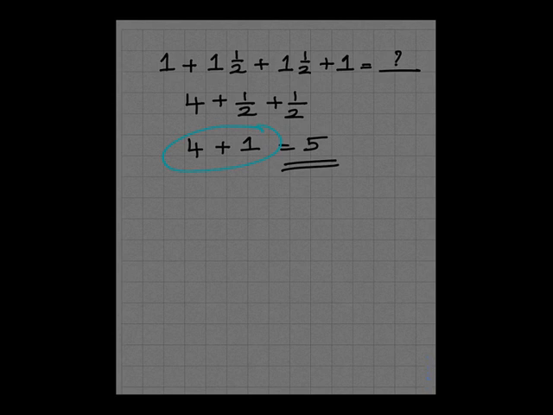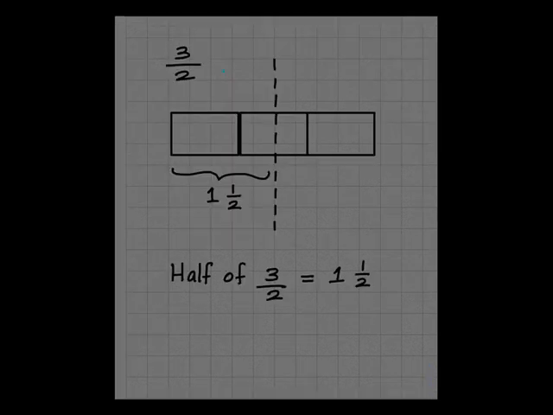This is another method of doing the problem. So this drawing shows the half of 3 by 2. The whole length is 3 by 2, and we have to find the half of it.